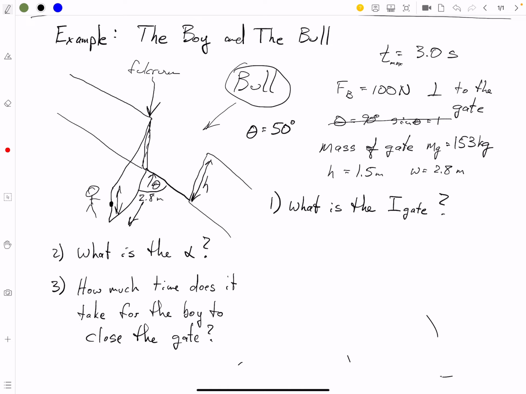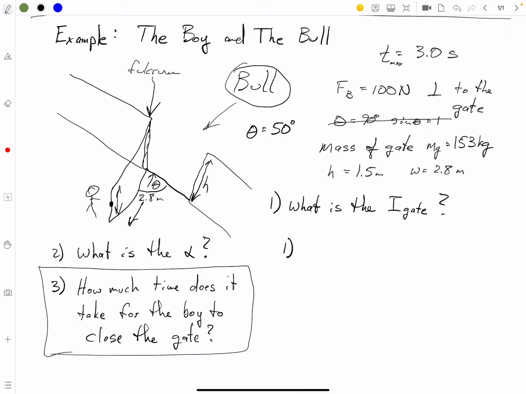It'll lock if he can get it closed. So once it locks, then the bull is in there, he's trapped. But if he doesn't get it locked before the time 3 seconds is up, he's in trouble. So this is our goal in the end, but we're going to get there by figuring out all these other things. Okay, so number one, how do we go about doing that?